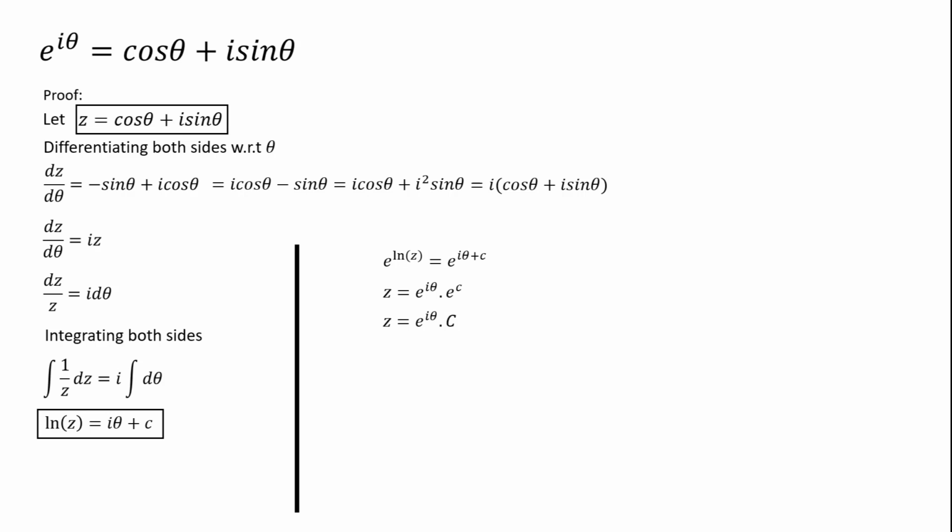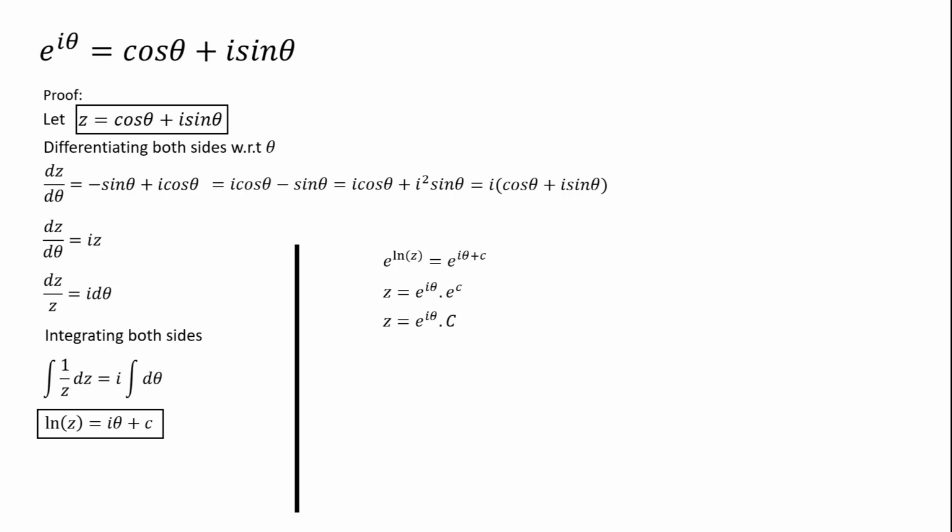Now we will have to figure out the value of C, which can be done quite easily. As you can see, by plugging in the value 0 in z, we will have 1, and in e raised to the power iota theta we will also get 1.